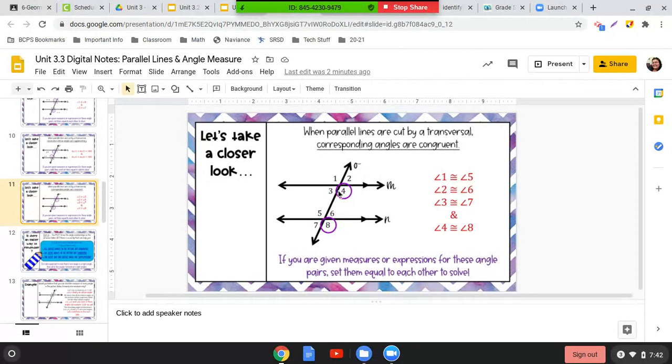So you would say the measure of angle 4 right here is equal to the measure of angle 8. Or if we had an expression, just like we did on the other ones, y plus 14 is equal to x minus 3. And you would say that they are equal to each other.